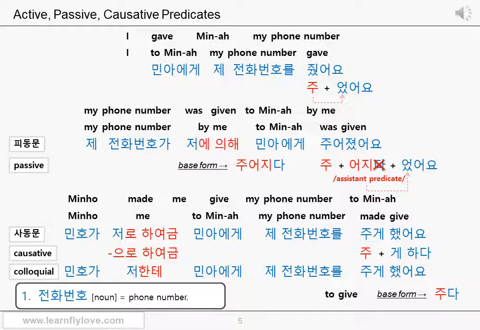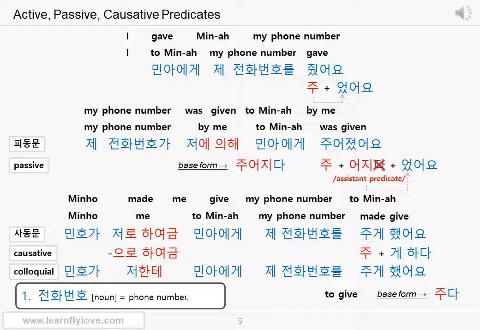So you can use the particle 한테 for 저 and 에게 for Mina, or the other way around. So even though you say 민호가 저에게, 미나에게 제 전화번호를 주게 했어요, or 민호가 저한테, 미나한테 제 전화번호를 주게 했어요, people will understand what it means.